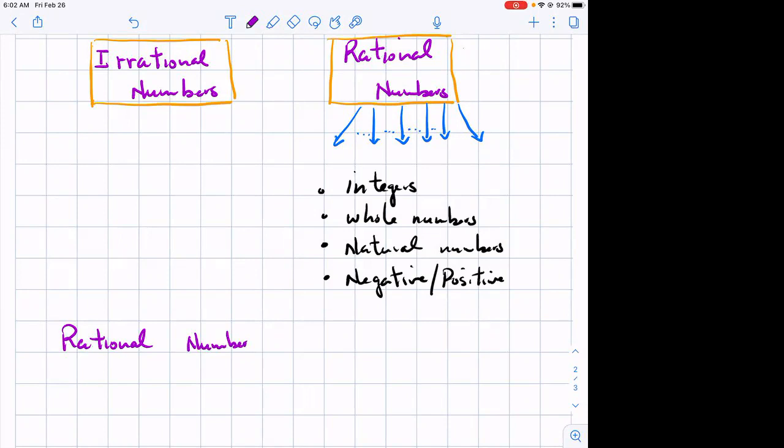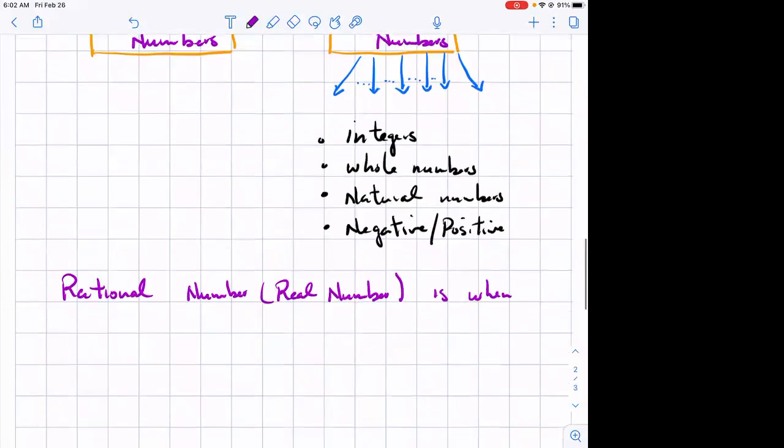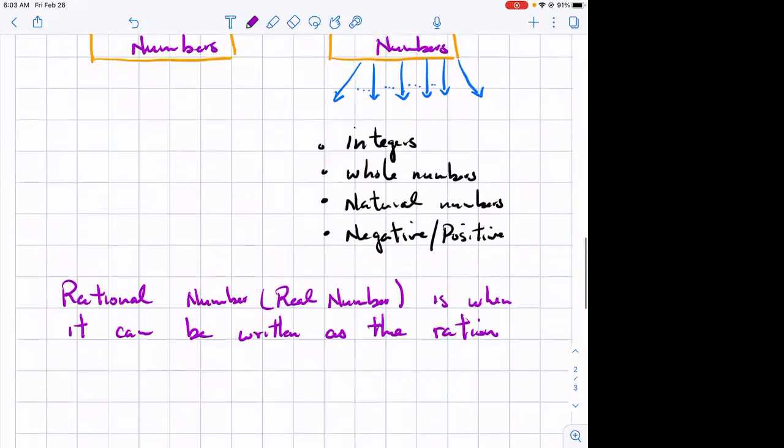Rational. A real number, and please note that it is a real number here, is rational when it can be written as the ratio, and hence the word rational.